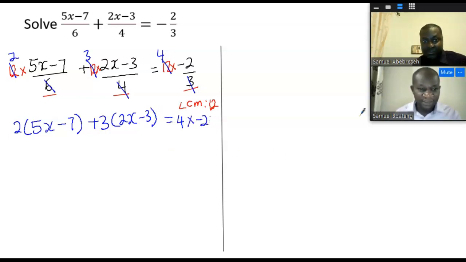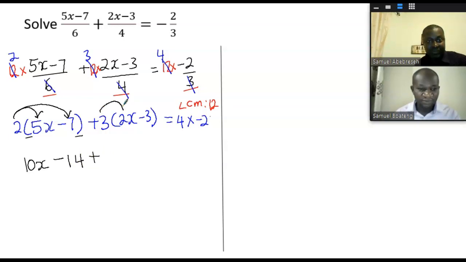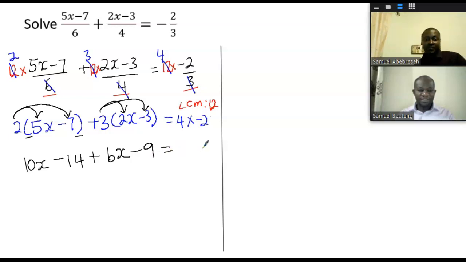So there are brackets in there. We need to take them off. Removing the brackets, 2 times 5x will give you 10x. 2 times minus 7 will give you minus 14. Plus 3 times 2x will give you plus 6x. Minus 3 times 3 gives you minus 9, which is equal to minus 8.